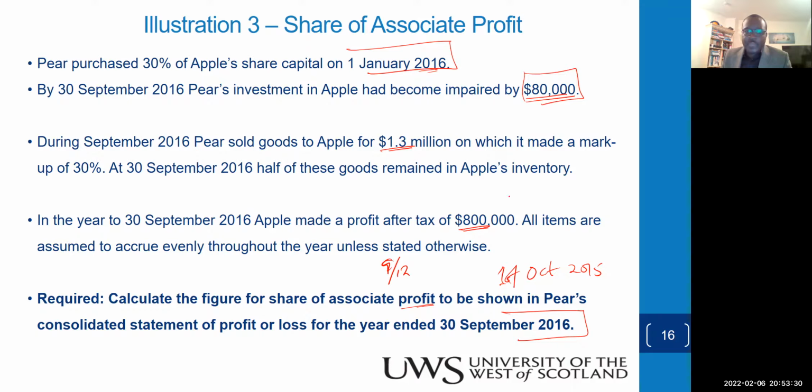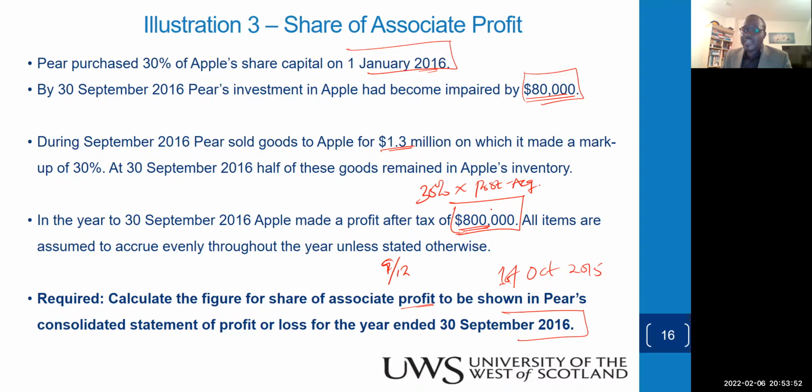Don't be confused, okay? We are being told that the post-acquisition reserves is this. We would have just applied our 30%, assuming it was a full year, of this post-acquisition. Here we've been given the post-acquisition. We're not given the pre and then the full year for us to find out.